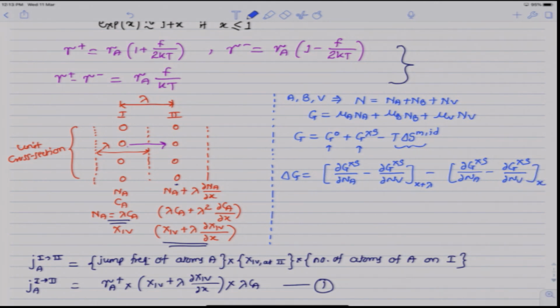plane x. Now, this term dou Gxs by dou Na denotes the change in excess Gibbs free energy because of addition of one atom of A, whereas this term dou Gxs by dou Nv denotes the change in Gibbs free energy because of addition of one vacancy, and since the vacancy is jumping away from the plane at x plus lambda, that is from plane 2 here, there is a negative sign attached to it, and this total expression we can write as lambda times dou by dou x of this difference between dou Gxs by dou Na and dou Gxs by dou Nv.